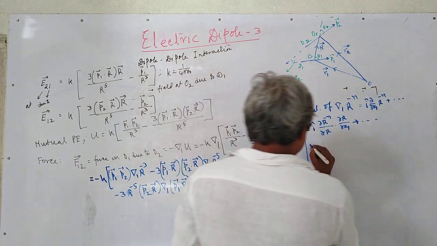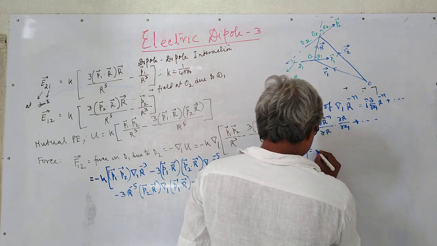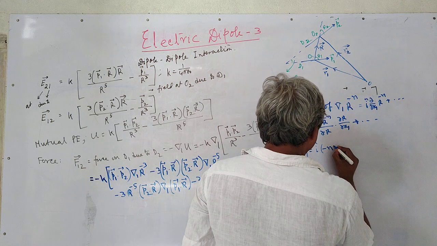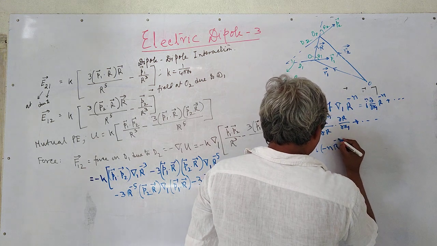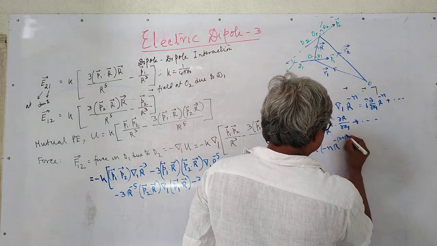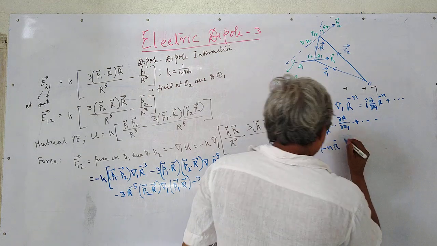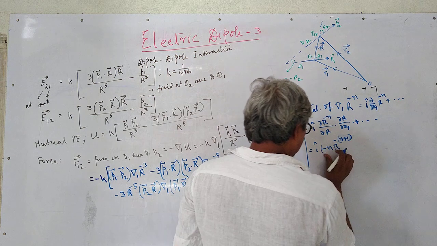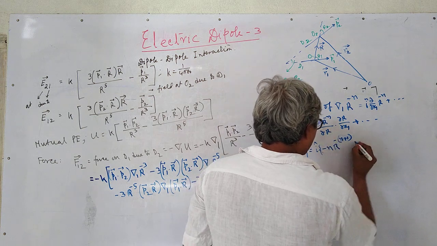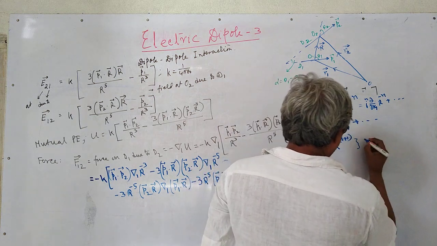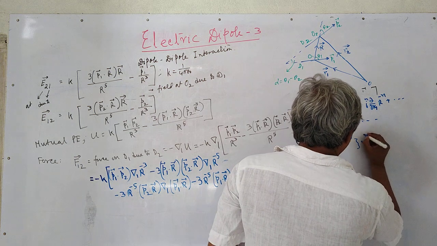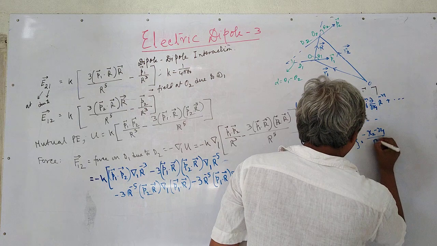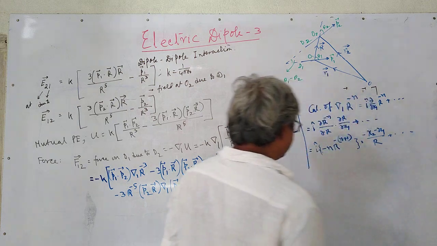Now this term is I cap minus n times r to the power minus n plus 1, and from this we get minus x2 upon x1 by r plus similar terms.